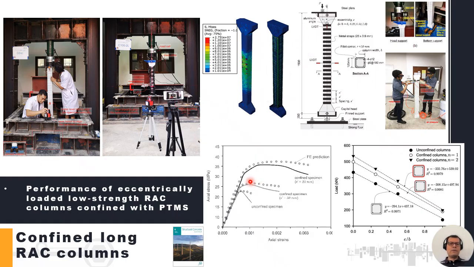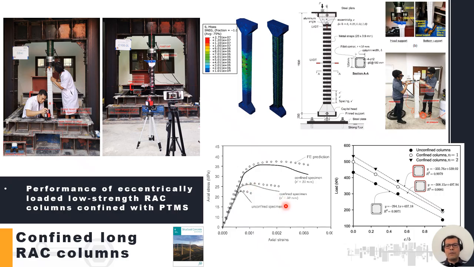Just to give you an idea of what happened in this plot here, I have the axial stress, that's basically the strength of the columns we tested. And then here on the horizontal axis, we have the axial strains, and then we have different cases. This is basically a non-confined column, so no metal straps around the column, so it had this behavior. And then we had two different spacings of the straps in this particular set of tests.